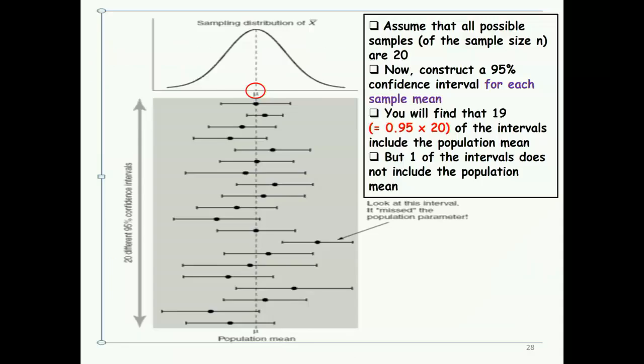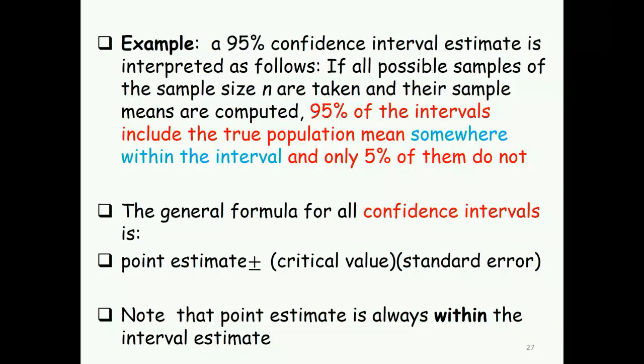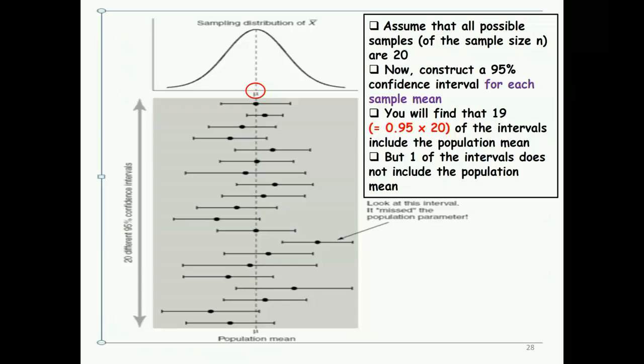Now, what does this concept tell you? If you construct a 95% confidence interval, then 95% of the intervals include the true population mean, but only 5% don't include it. So theoretically, could it be possible that your sample is one of those?